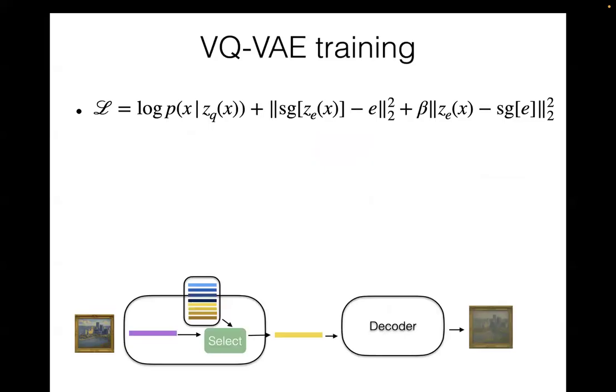So here's the loss function that they have, and now it has three different parts. First of all, you have this reconstruction term, and this actually looks pretty similar to the original VAE. Now you just have these vectors that have been selected from this codebook, and then you reconstruct your data.